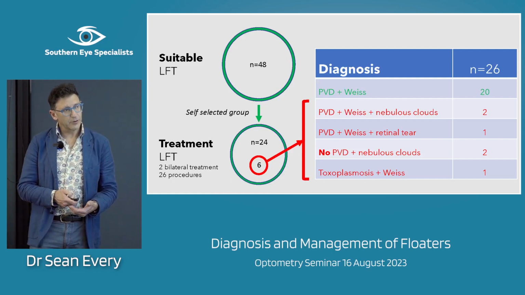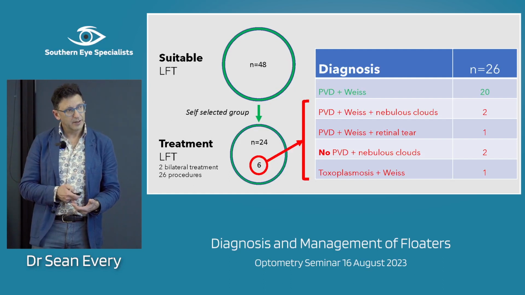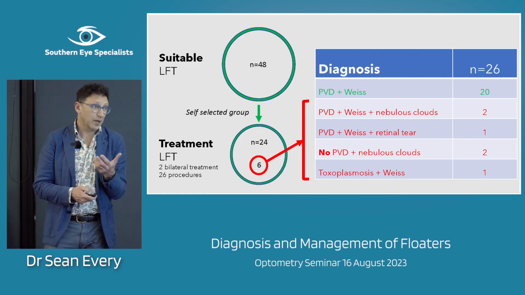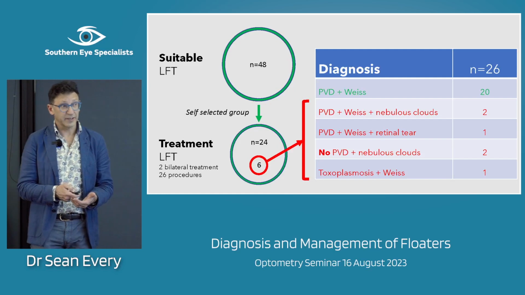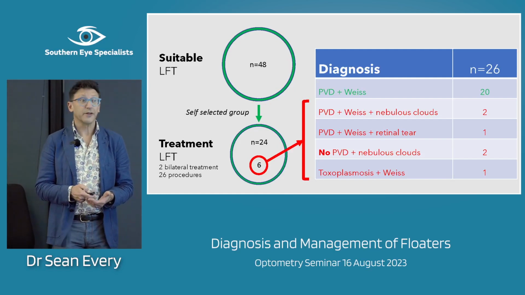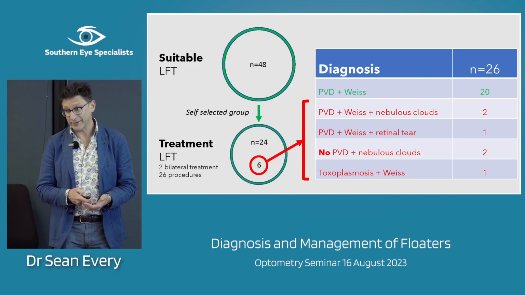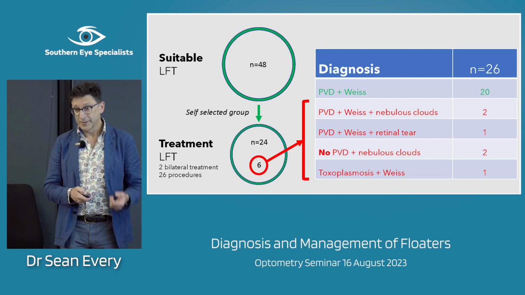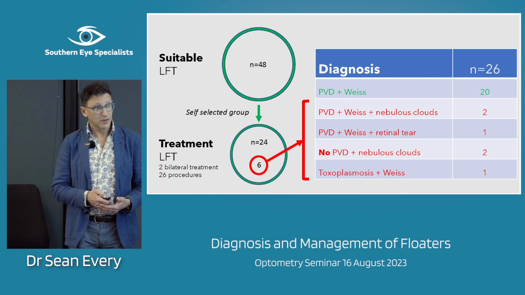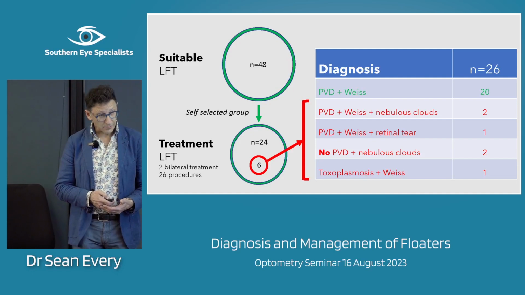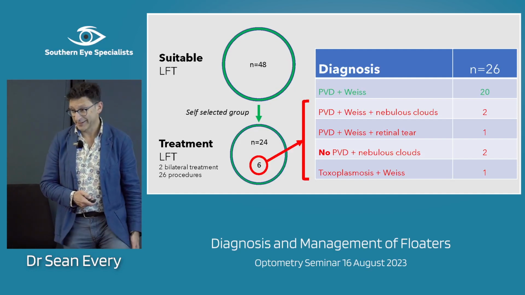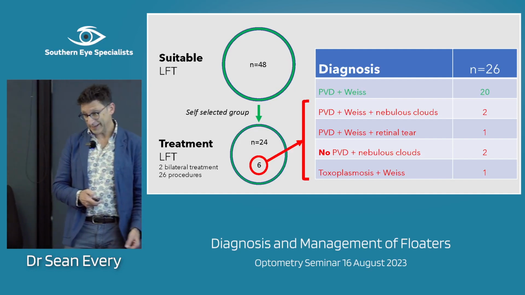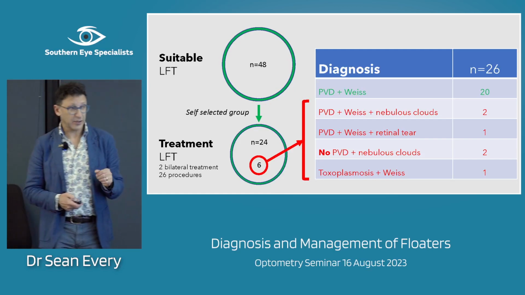So these are the people where I did the vitreolysis and it wasn't the right procedure for them. This is the PVD plus the Weiss ring, sure, but also they've got this big nebulous cloud bumbling around as well that you've really got to look for, which I'm meticulous about now. Or they've got a retinal tear, or they haven't actually had a PVD, and they've just got these nebulous clouds, and you can't make that go away.